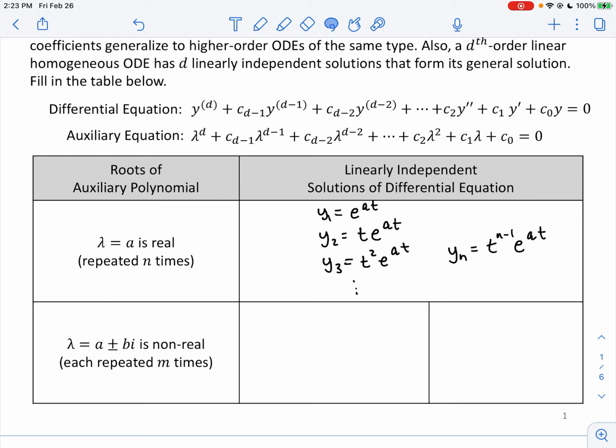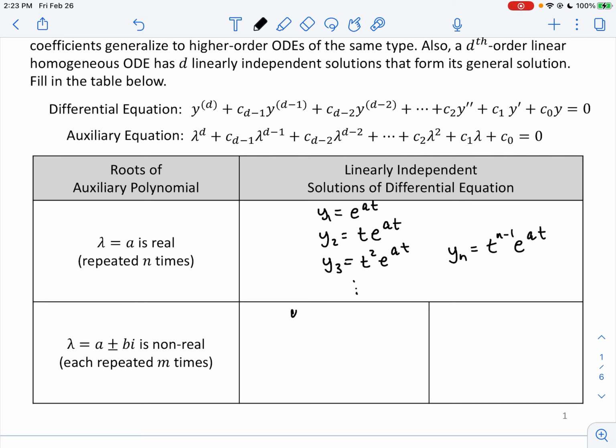Okay, now suppose our characteristic polynomial or auxiliary polynomial here has some non-real roots, a plus or minus bi. And let's suppose that they're repeated m times. So for each instance of this, if you only had one complex conjugate pairing, so pretend 2 plus or minus 3i were two different complex roots, that's going to give us two different linearly independent solutions.